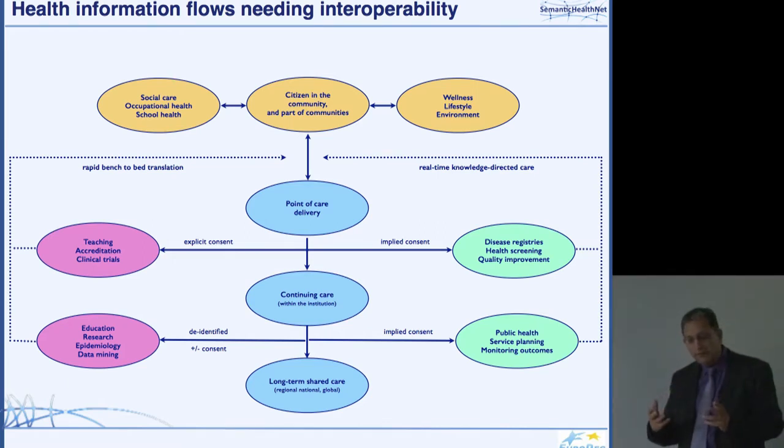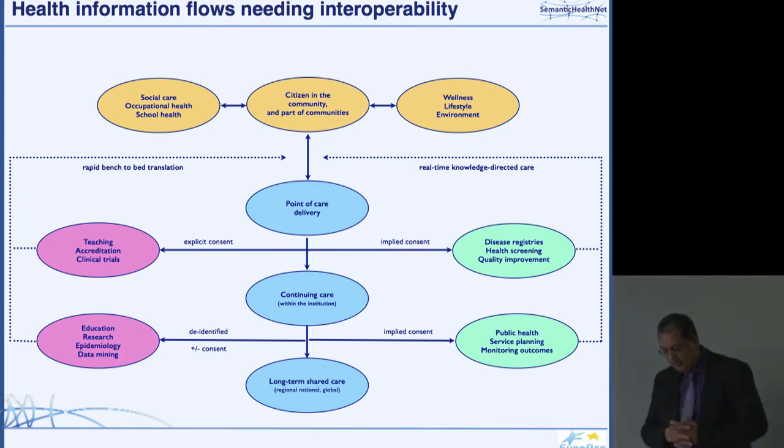And finally, why do we want to do all of this in a joined up way? It's because it currently takes too long for research findings to make their way back into clinical practice. We want to accelerate learning and getting it back into the point of care delivery. And also we want to have things like real-time public health so that clinicians are aware of issues and problems and can respond quickly in the way they deliver care.